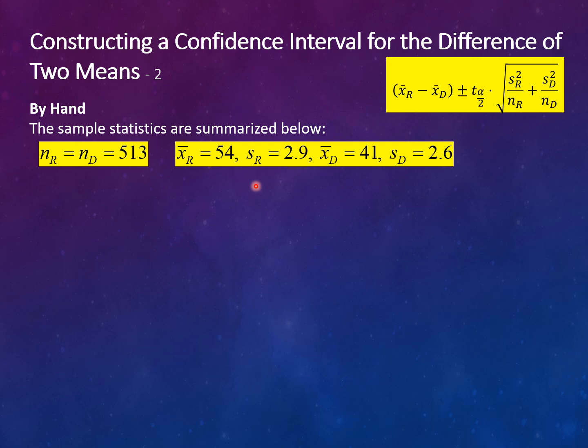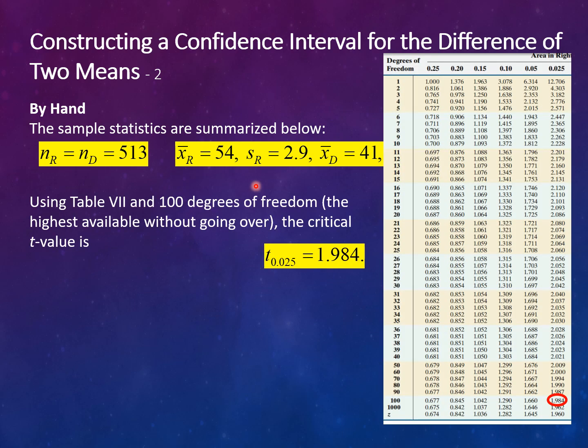X bar Republicans is 54, standard deviation Republicans is 2.9, X bar Democrats is 41, and standard deviation is 2.6. This was all given in the wording of the problem. None of this had to be calculated.